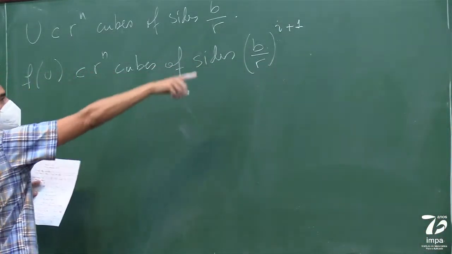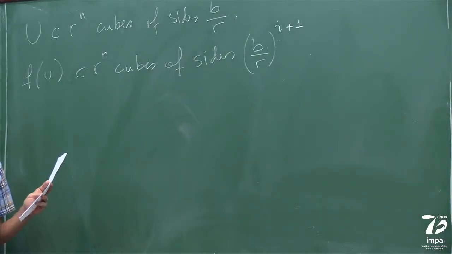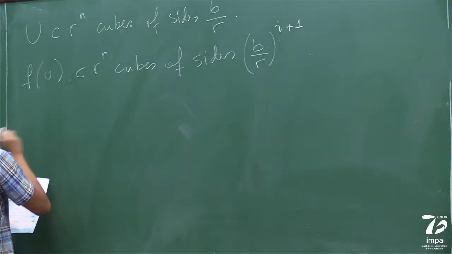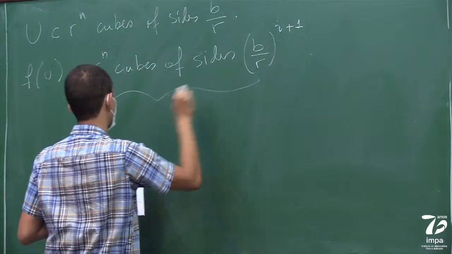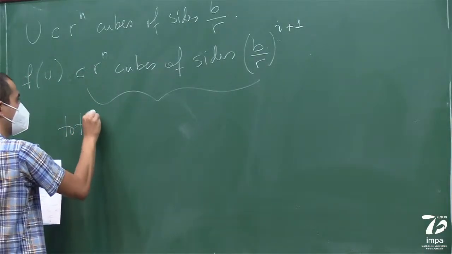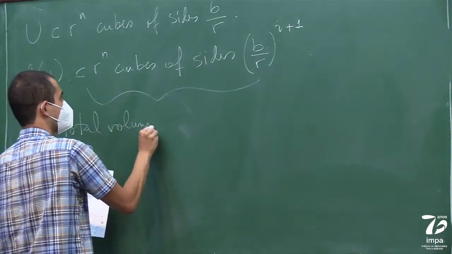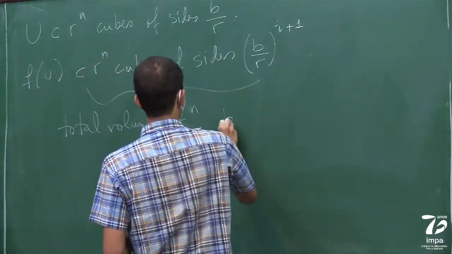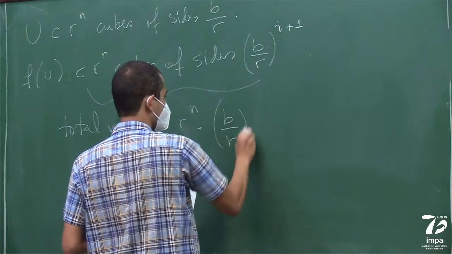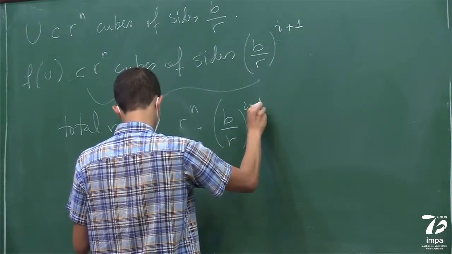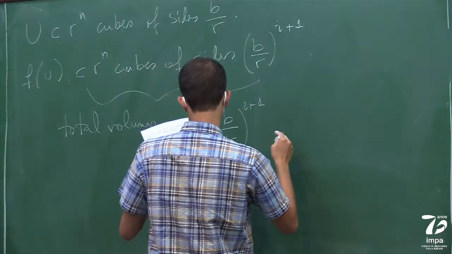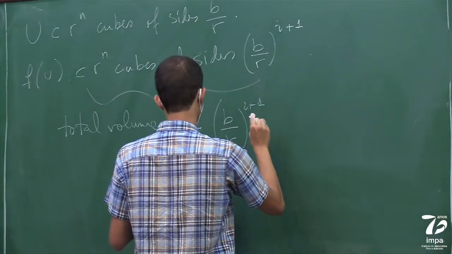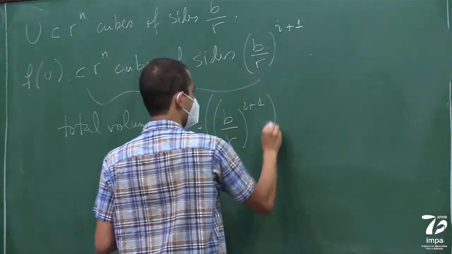But what are the volumes of these cubes? So the total volume of these cubes is going to be r to the n times the side to the m.